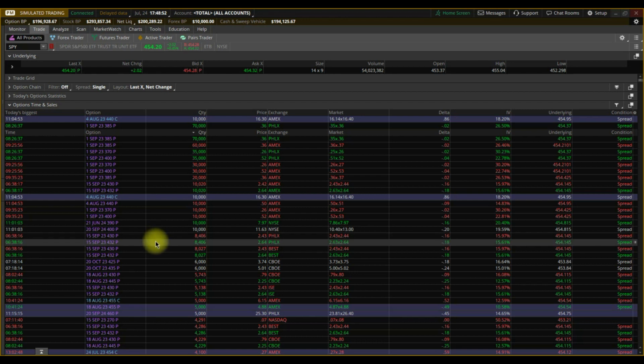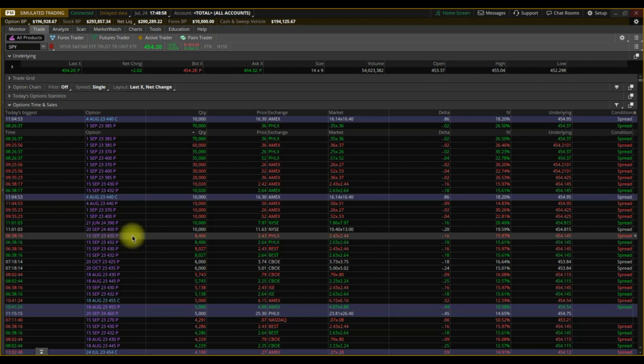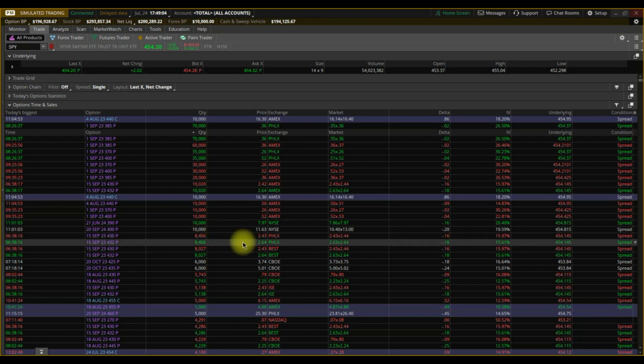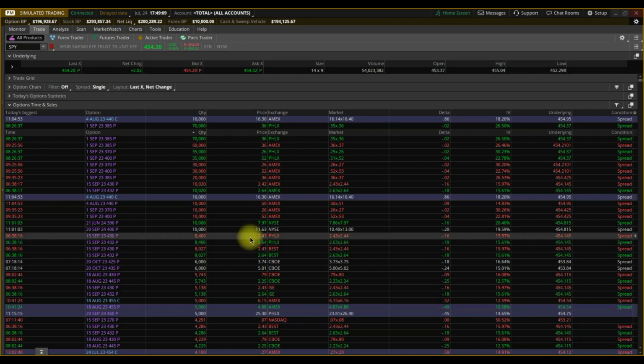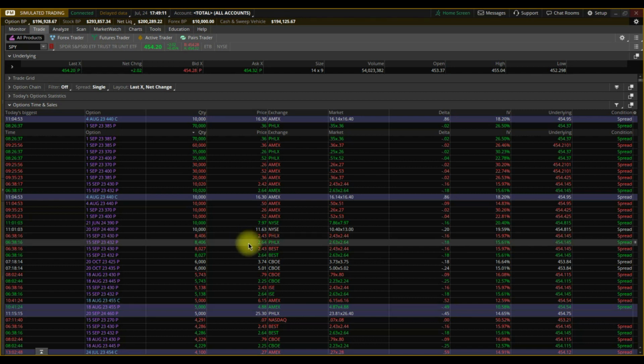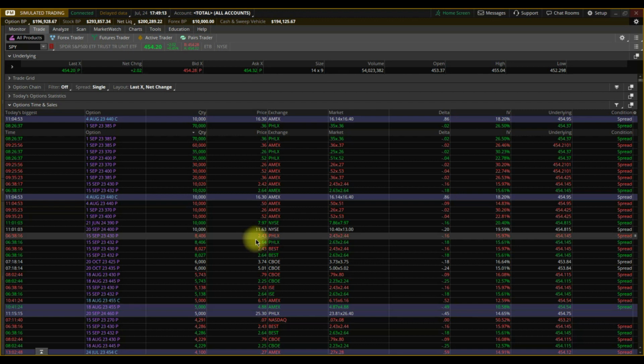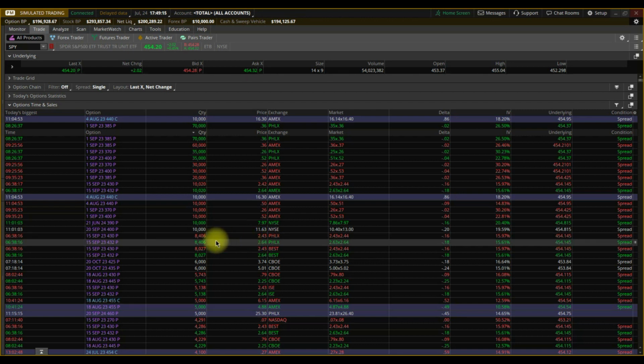Down here is just a straight debit. They're selling the 432 15 September, buying the 430 put 15 September, 264, 243. So it costs them 21 cents because you subtract 243 from 264. So 21 cents times 100 is $21 times 8,406.